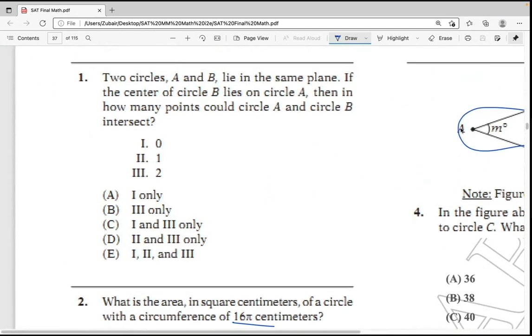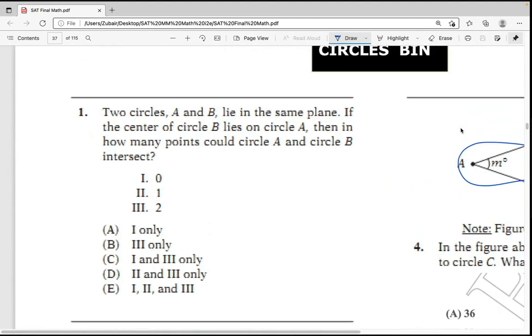Okay. Question number 1. This is to be read carefully. No formulas, nothing, just reading carefully.